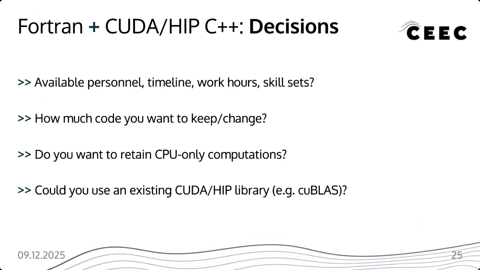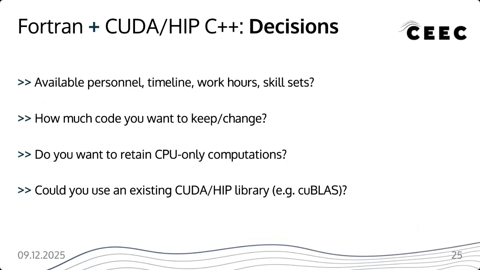So you've made that big decision. There's now a bunch of little decisions we have to make. Obviously, something that weighs into this usually is what kind of personnel you have. What is your group skill set? What kind of timeline do you have to do this porting effort? And what is that porting effort going to look like? Okay, so what are your requirements? How much code do you want to port, right? Do you want to port the whole code?